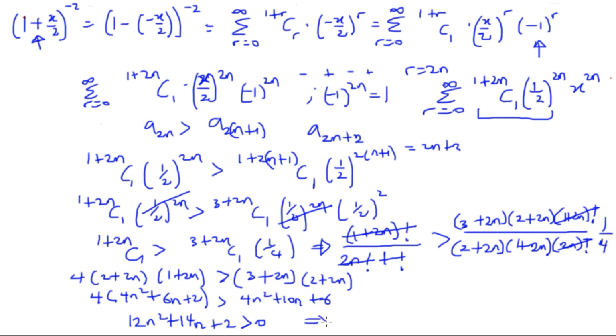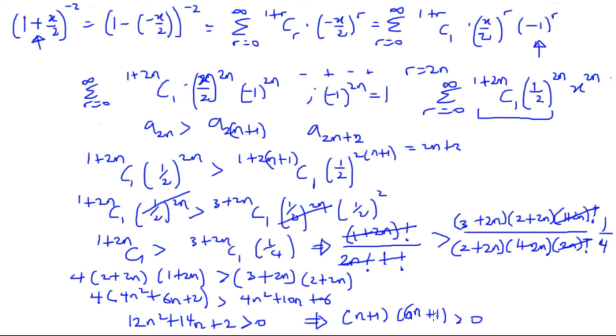So by solving that quadratic, or I can simply factorize it into n plus 1, 6n plus 1 greater than 0. You can check my videos where I talk about inequality, quadratic inequalities. The video will really help you.